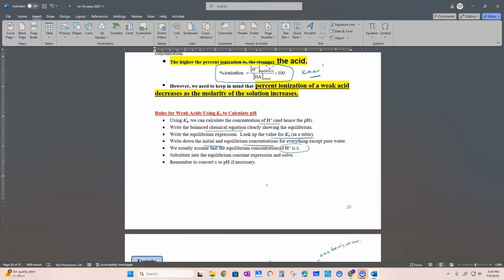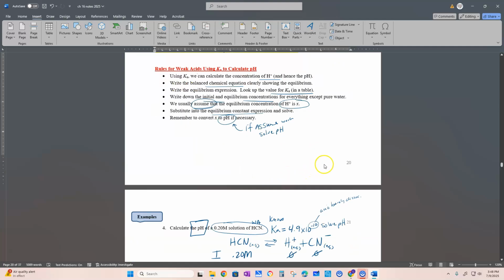We use our assumption for x, and then we can solve for pH. If the assumption worked, which ours did, then we can solve for pH. If the assumption didn't work, we can't solve for pH, because we'd have to use the quadratic equation.